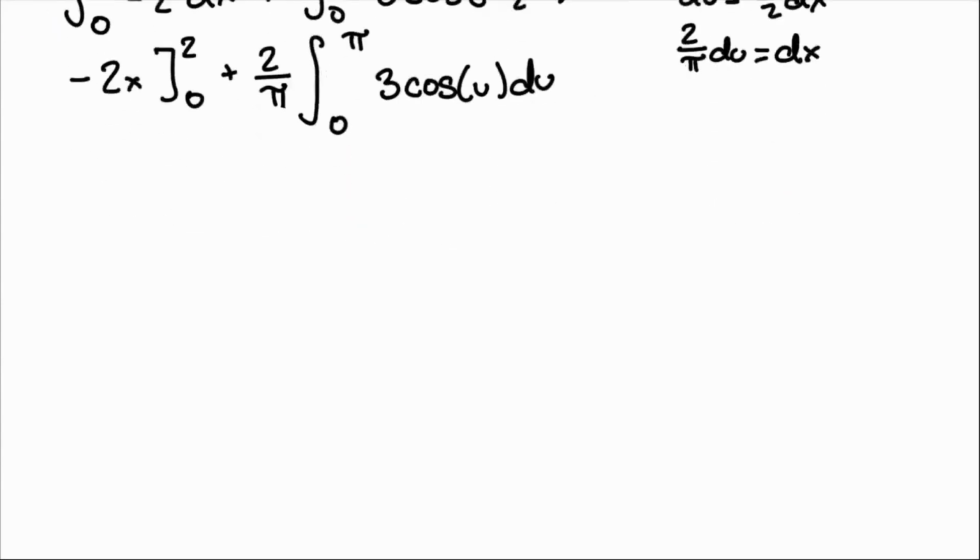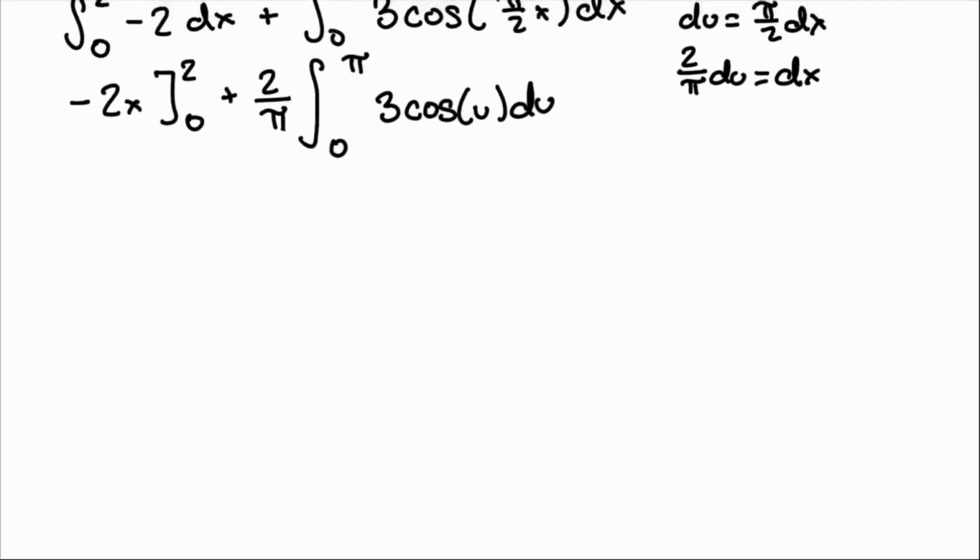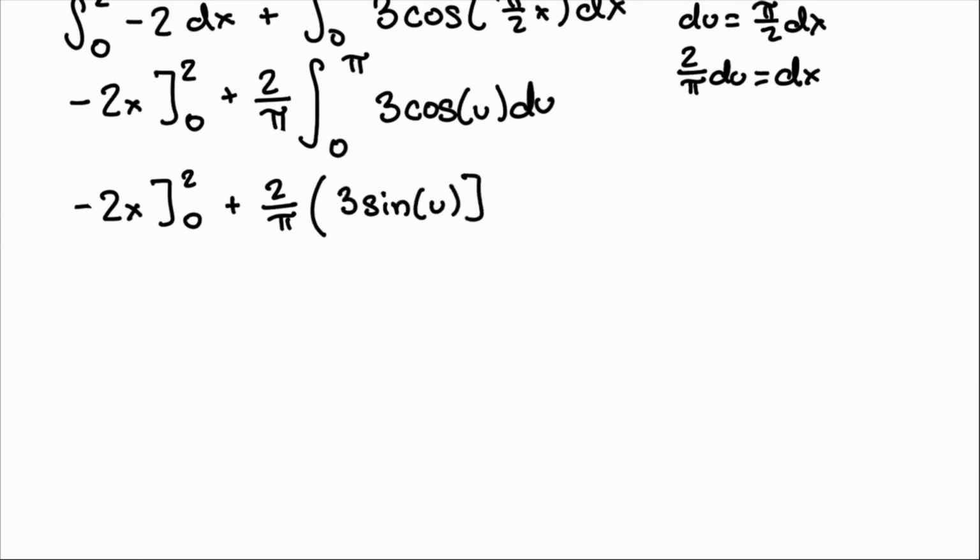I'm going to still keep this as negative 2x from 2 to 0, and we're just going to solve this component of the puzzle piece. So this is going to be 2 over pi times 3 sine of u evaluated from 0 to pi.